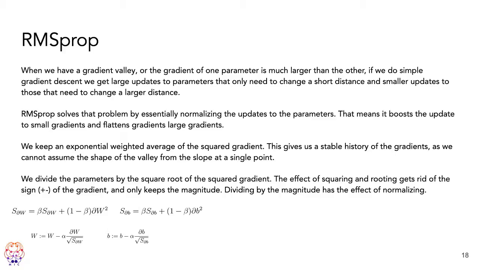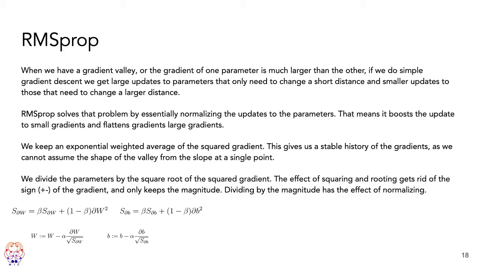So to do that, we want to make a circle, right? So why do we take the square root of this? Well, we take our weight and compute an exponential average of our weight. Our S dW basically equals our dW squared.